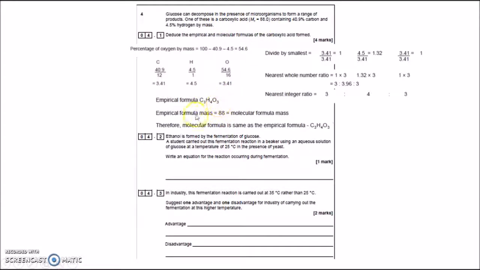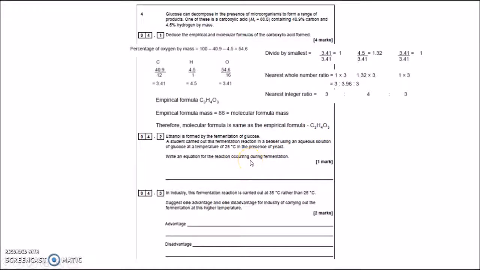So the molecular formula with a relative formula mass of 88 is C3H4O3. The relative formula mass of 88 matches that. Therefore the molecular formula is the same as the simplest formula, C3H4O3.